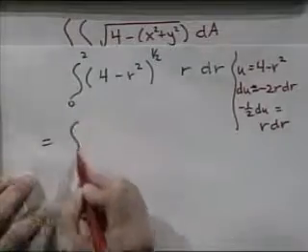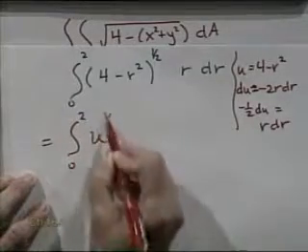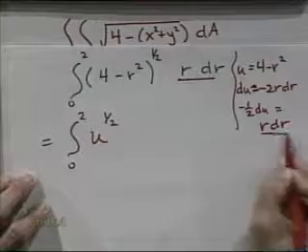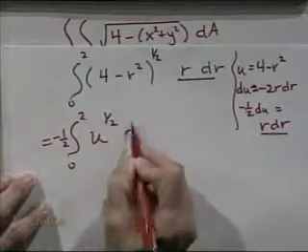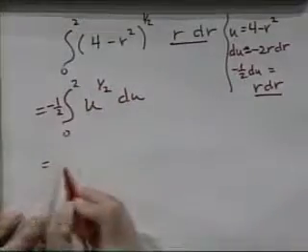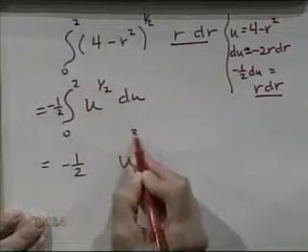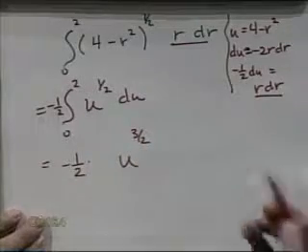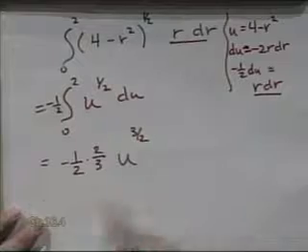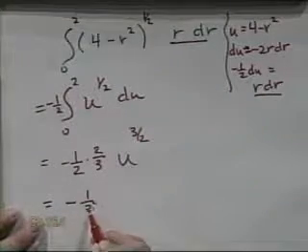So this becomes integral from 0 to 2 of u to the 1/2, and r dr is getting replaced with minus 1/2 du, which is minus 1/2, increase your exponent by 1. Dividing by 3/2 is the same as multiplying by 2/3. So it looks like I have minus 1/3.